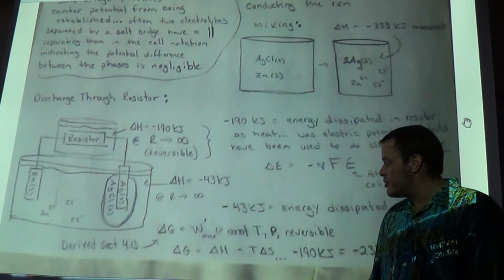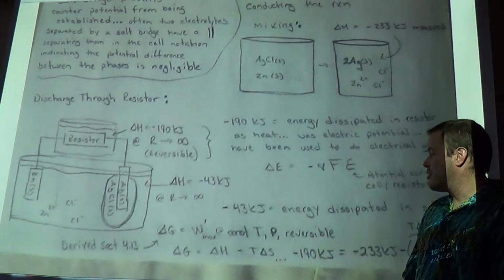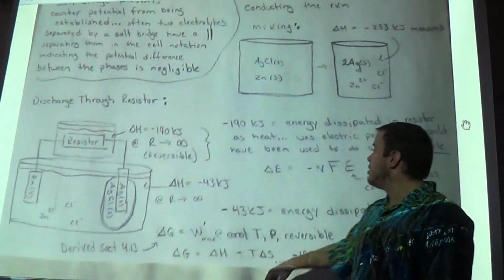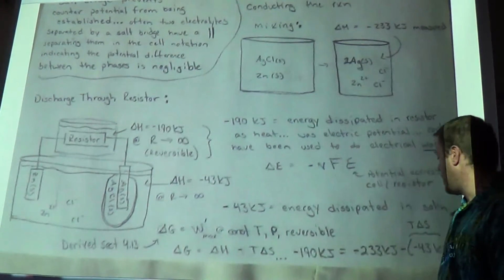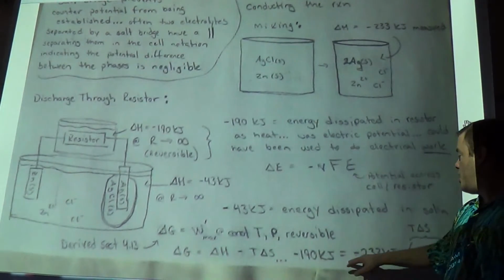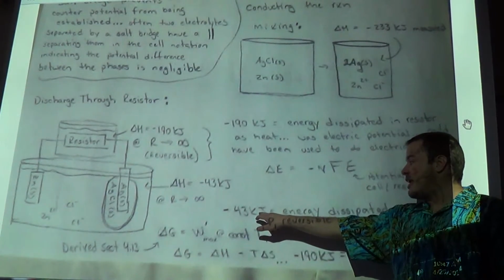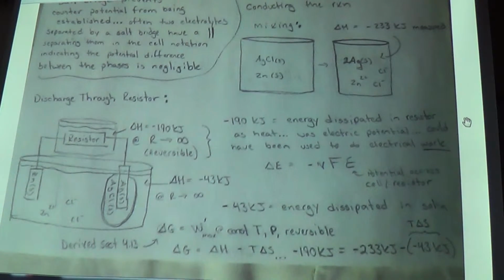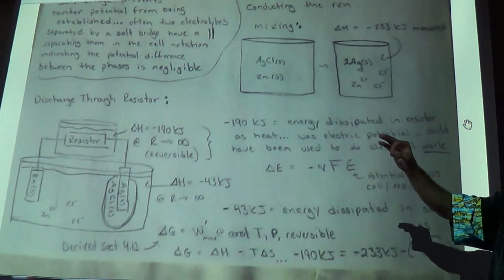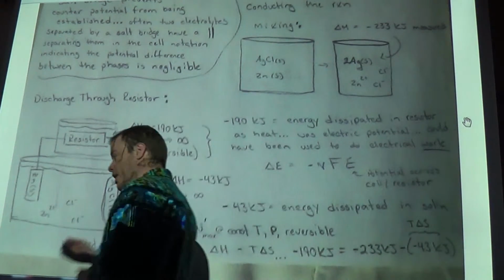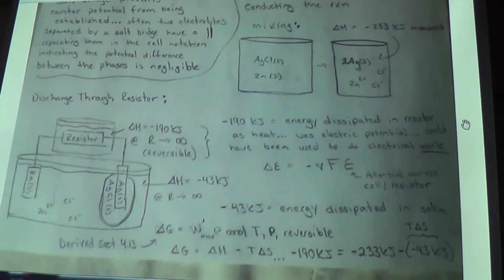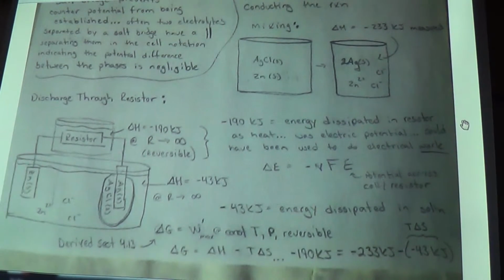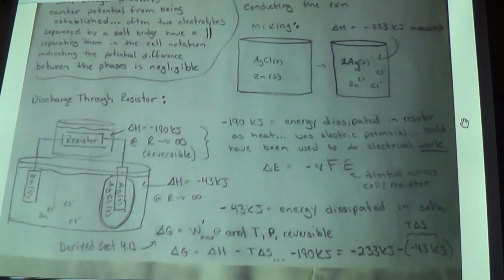That negative 43 kilojoules, if we write out our delta G equation, we know that delta H total for this reaction is negative 233. That entropic heat, negative 43 kilojoules, is equivalent to T delta S. Right, delta S is Q over T, so multiply by T, T delta S is Q. And so this term represents that entropic change for the reaction.